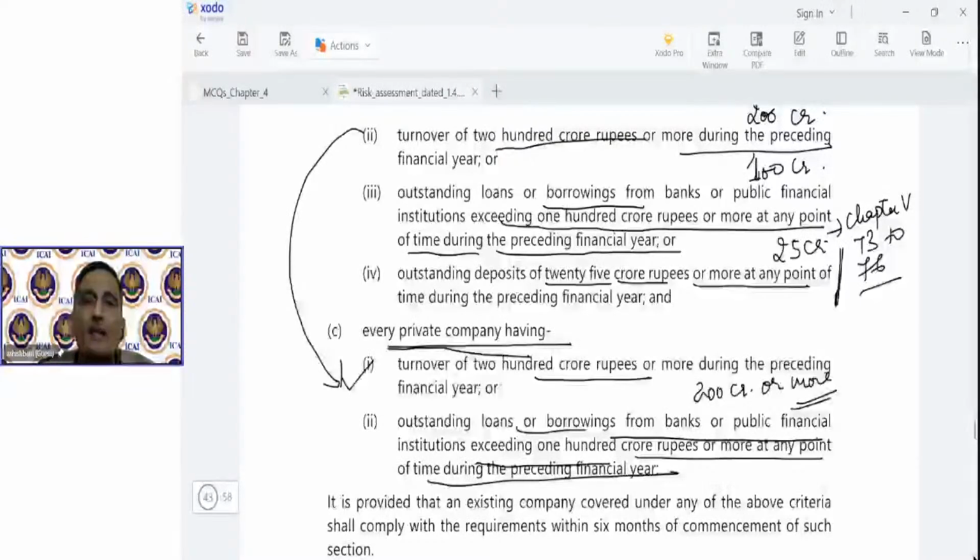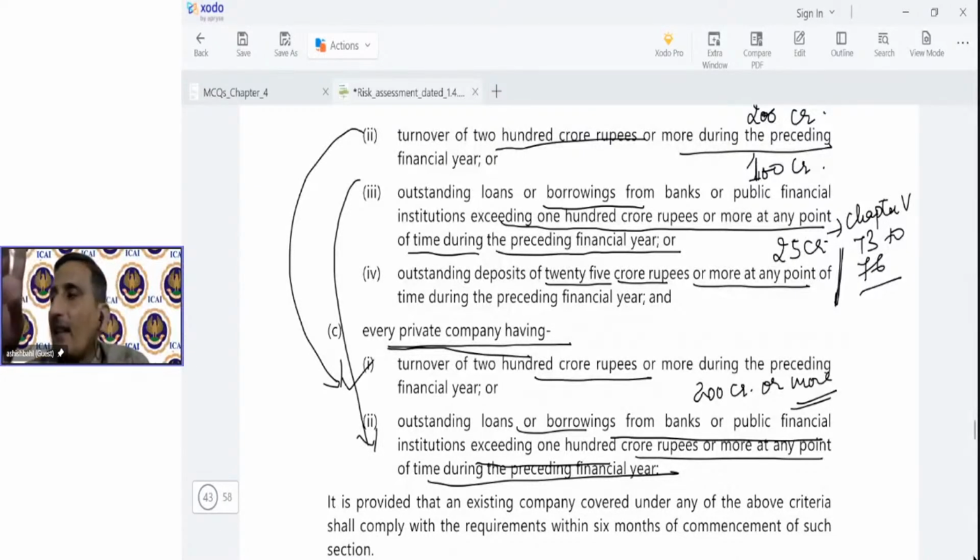It is also the same. So in case of private companies, there are two conditions. If any of these two is satisfied, then the private company has to appoint an internal auditor compulsorily under the provisions of Section 138 of the Companies Act.